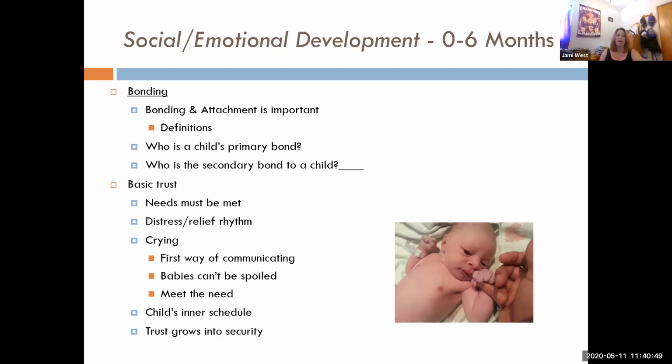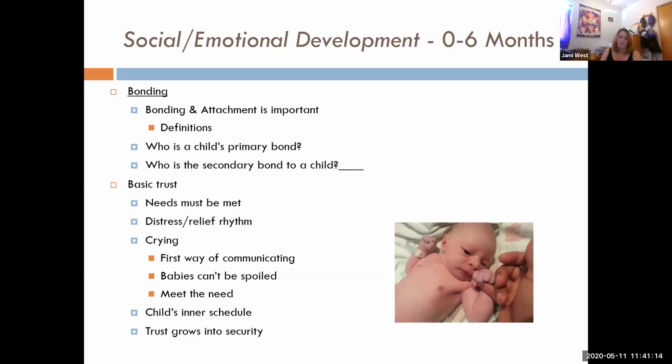Okay? The book talks about a rhythm, kind of a dance, that needs to be developed between the caregiver and the baby, okay? This rhythm of distress and relief, right? When a baby cries, their needs are met, okay? They show distress, we offer relief.